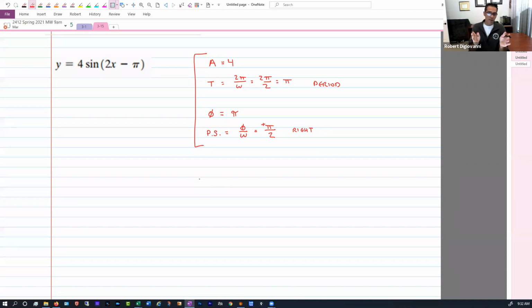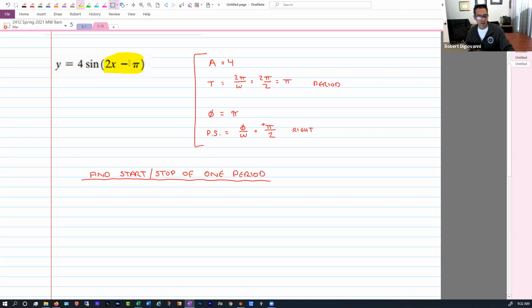Where is the starting of the period and where is the ending of the period? And to do that, we're going to find the start and the stop of one period. All right, that's what we're about to do. And to do this, here's what you do. You take the argument of the sine function. That's called the argument.